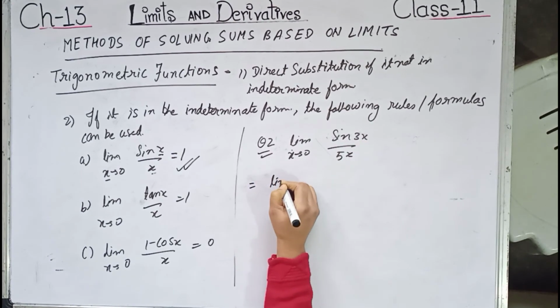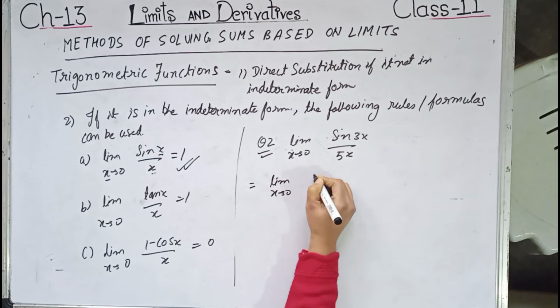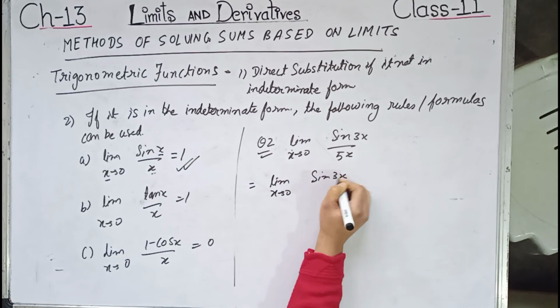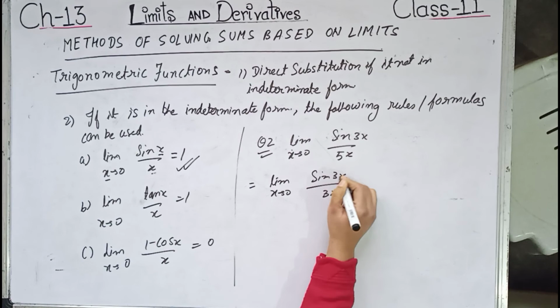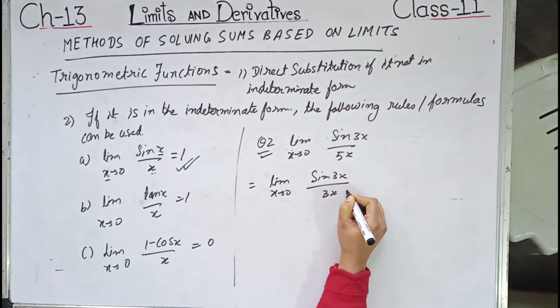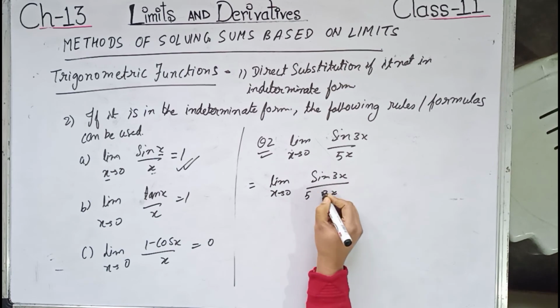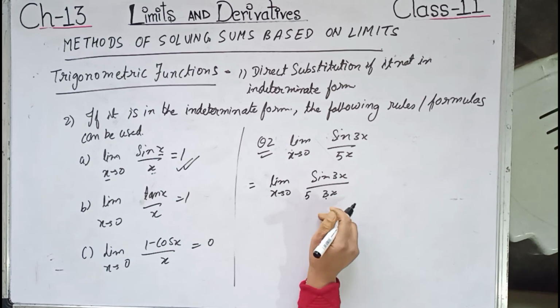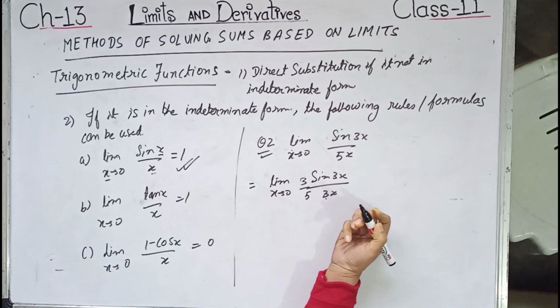So what I can do is limit x tending to 0 sine of 3x by 3x, meaning whole theta I am writing as 3x. Now over here it is 5x, and because I have divided by 3, I will be multiplying by 3 also over here.